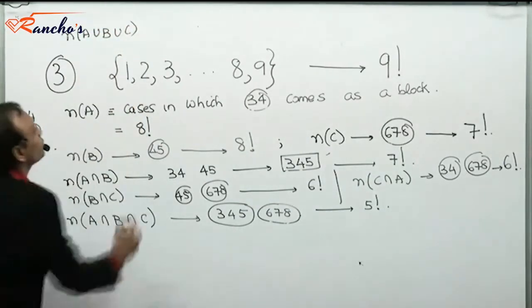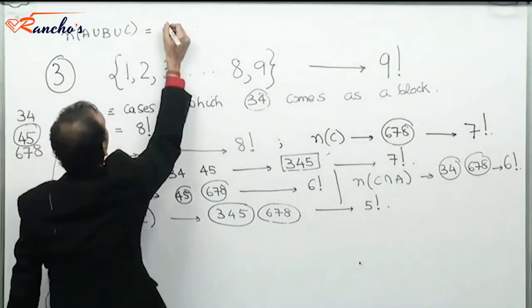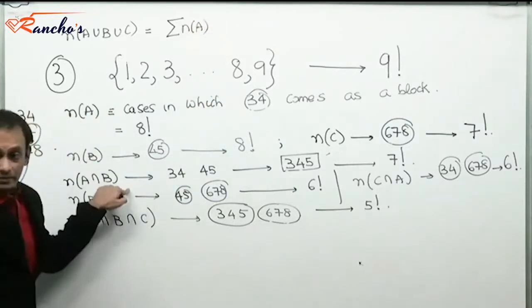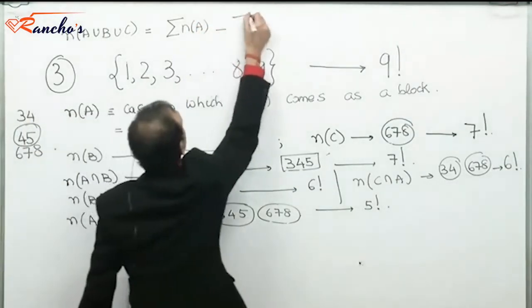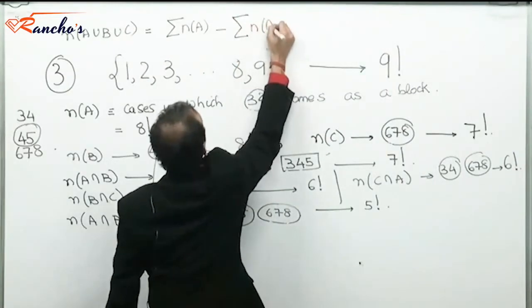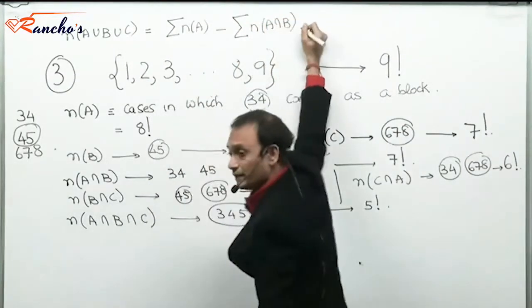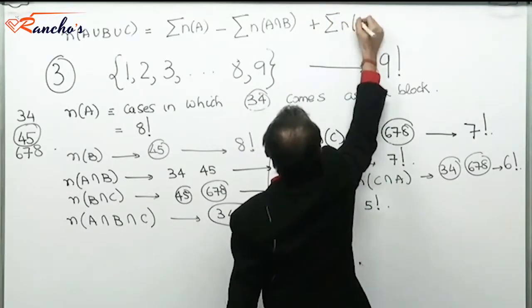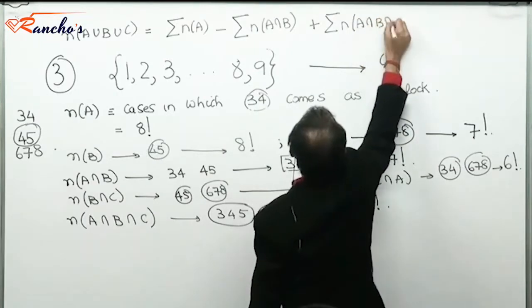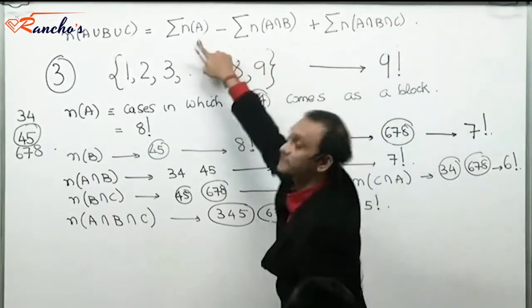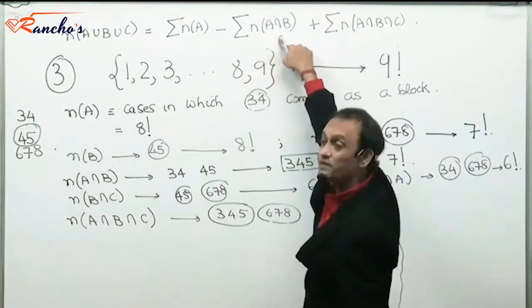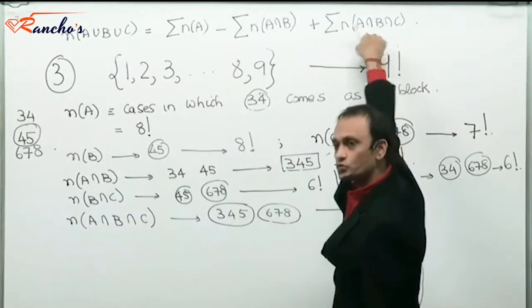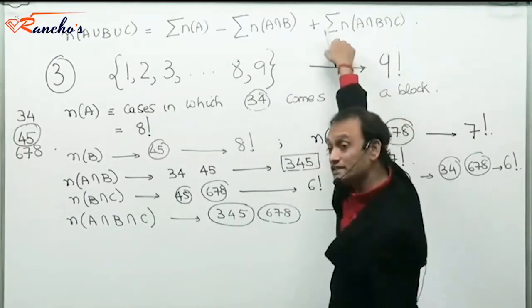So number of cases in which A or B or C, that means at least one of them would come, would be from the principle of inclusion-exclusion: summation NA, which is NA plus NB plus NC, minus summation N of A intersection B, that means AB, BC and CA, plus summation N of A intersection B intersection C. This is NA plus NB plus NC, this is NAB, NBC, NCA, and this would be just one term, A intersection B intersection C. So you can do this calculation.